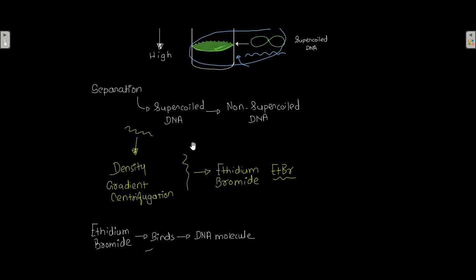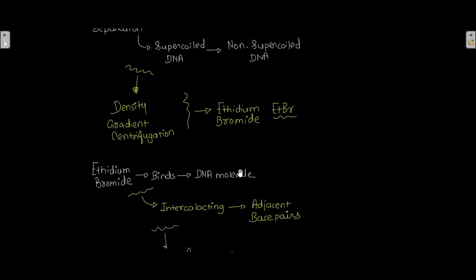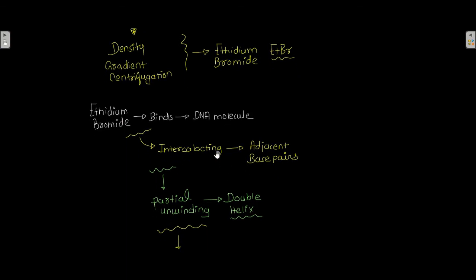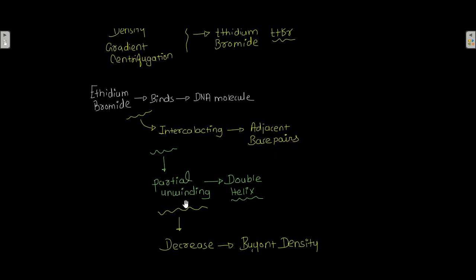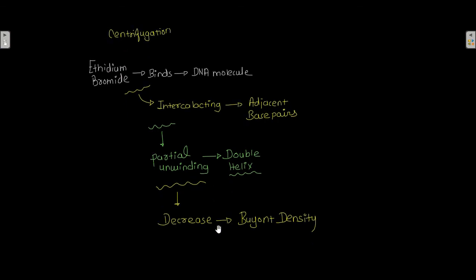So separation of supercoiled DNA from non-supercoiled DNA is done on the basis of density gradient centrifugation in the presence of ethidium bromide, EtBr. Ethidium bromide binds the DNA molecule, intercalates between adjacent base pairs and causes partial unwinding of the double helix. Now this unwinding of the double helix decreases its buoyant density.